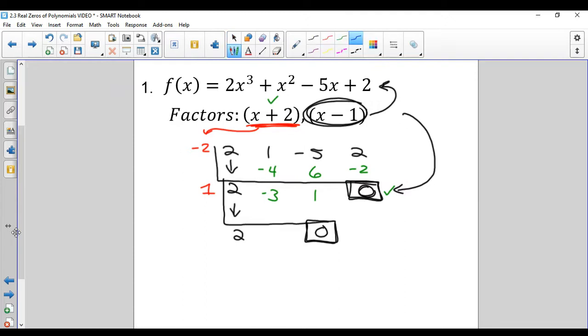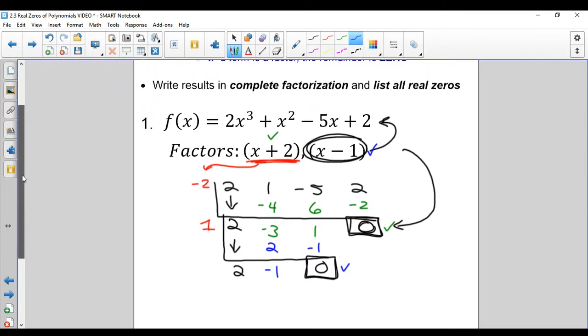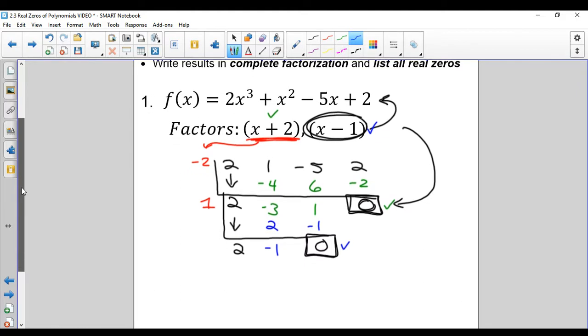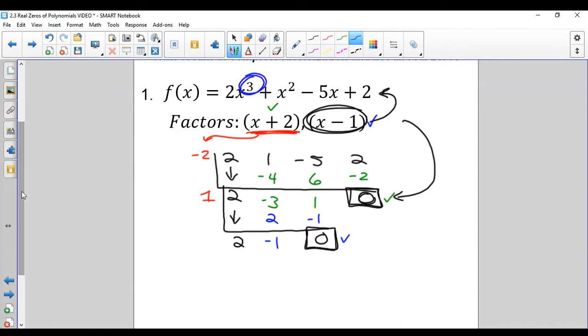1 times 2 is 2. We get -1. -1 times 1 is -1. We get 0. We got a blue check verified right there. Now, I need to write the rest of it factored out, and I need to list all the zeros. Now, if I started my function with x cubed, it should have been an x squared here. And then if I divide it again, this should be a 2x minus 1.